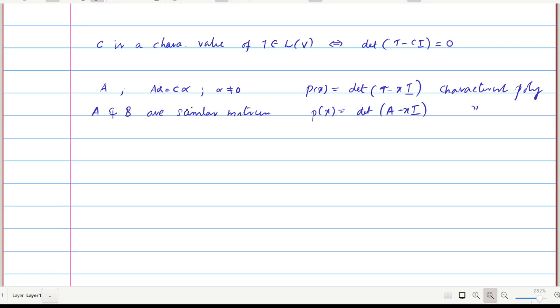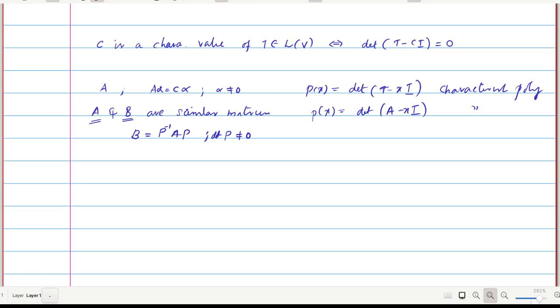Now consider the characteristic polynomials of two similar matrices. B and A are similar means B can be written as P inverse AP, where P is invertible, that means determinant of P is not equal to 0. This is the definition of similar matrices.